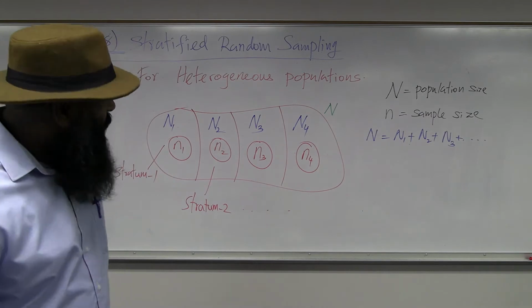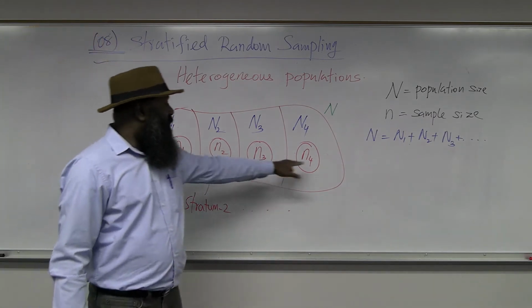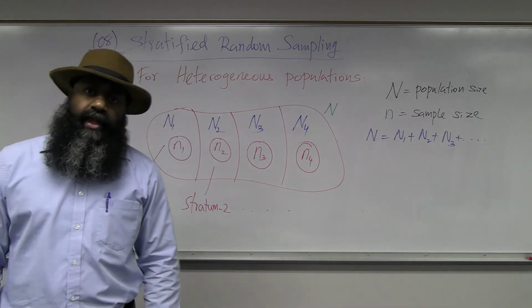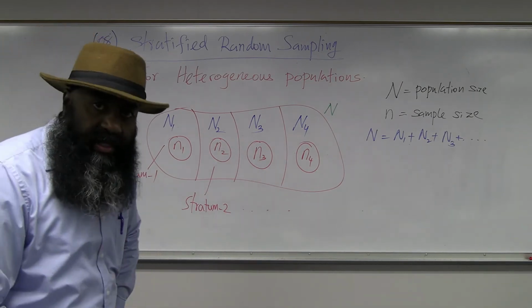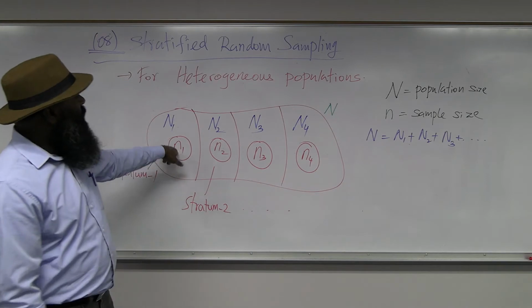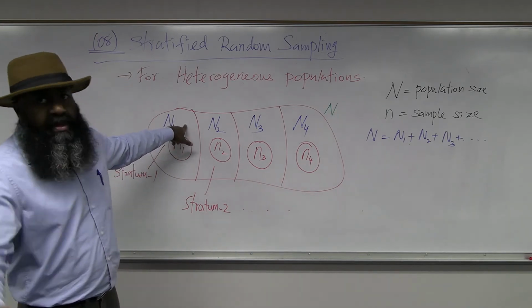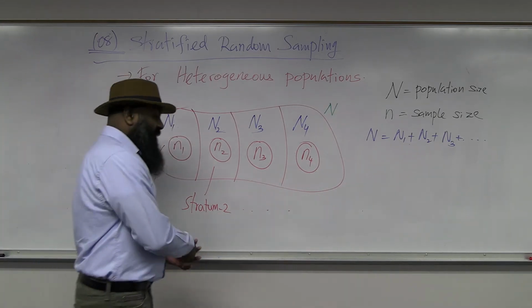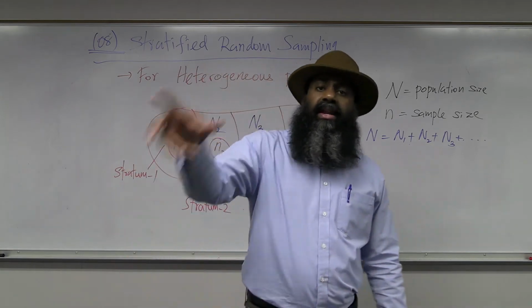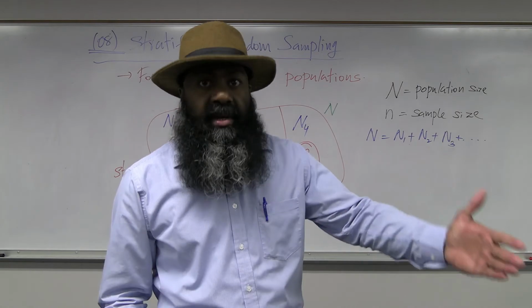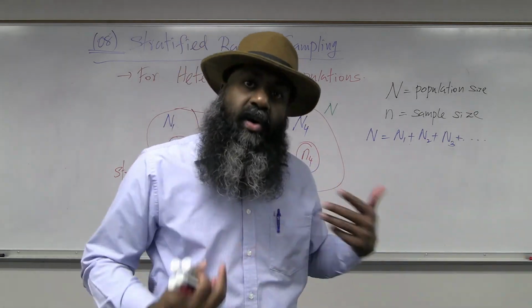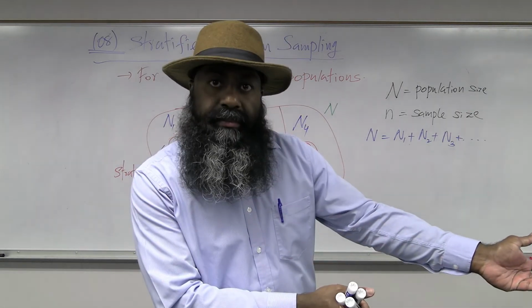So how do I figure out the values of n1, n2, n3, and n4? Well, I have to make sure that these numbers are proportional to the strata sizes. That makes sense. If a specific stratum has a really large number of subjects, I must give that stratum a priority. I must select more subjects from that stratum.